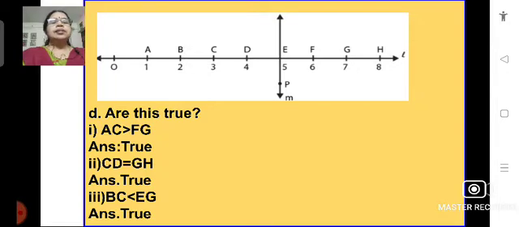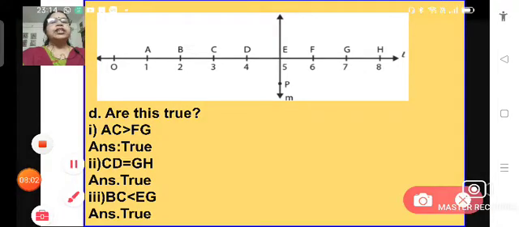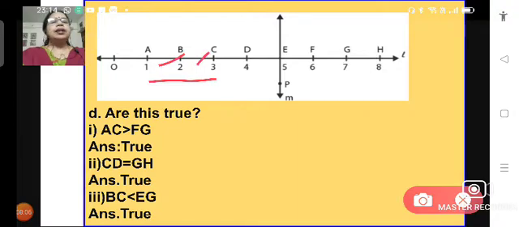Now the next question: are these true? AC is greater than FG. So children, you can see AC is made of 2 units whereas FG consists of 1 unit. So AC is greater than FG. So it is true. Next one, CD is equal to GH.